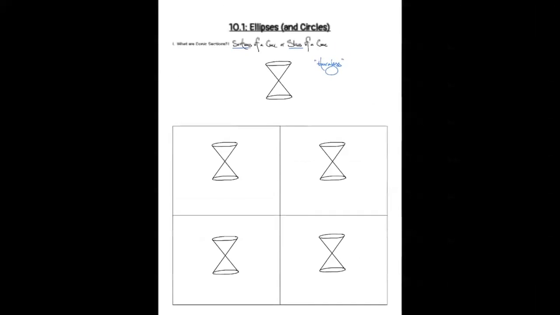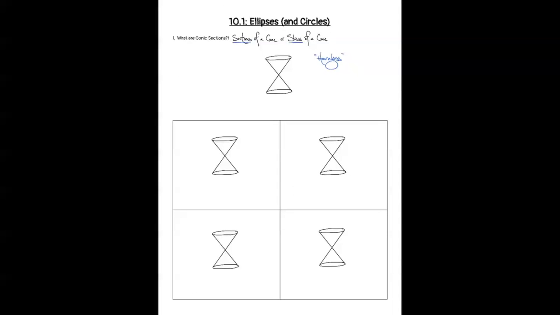You'll notice that you have enough space to draw those cones four different times, so I'll give you a moment to do that. And then we're going to talk about the four conic sections that we're going to be looking at. We're going to look at as many of them as we can today, and whatever we don't talk about today, we will finish up on Monday.